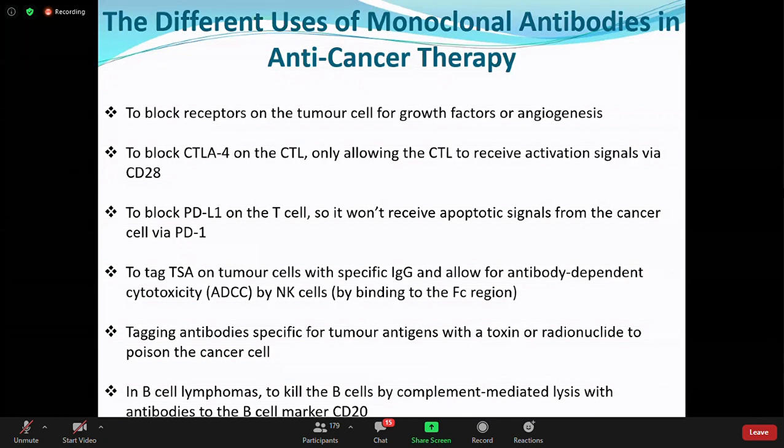These monoclonal antibodies will then block those negative regulatory signals on those CTLs so that they're only getting CD28 against the B7s on the tumor cells. And so they'll be super activated to kill them. And this has had quite a lot of success.